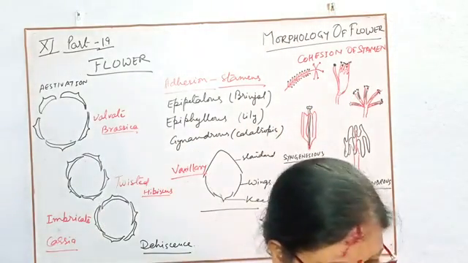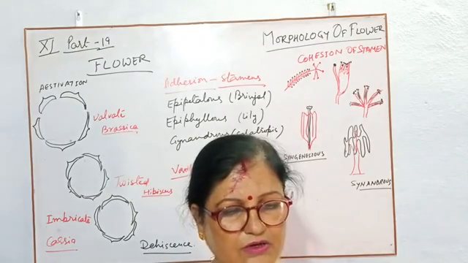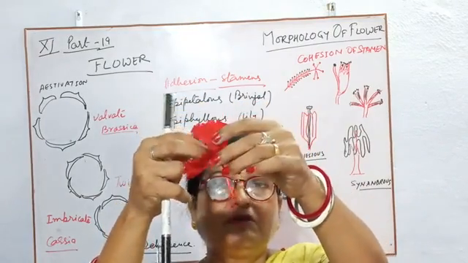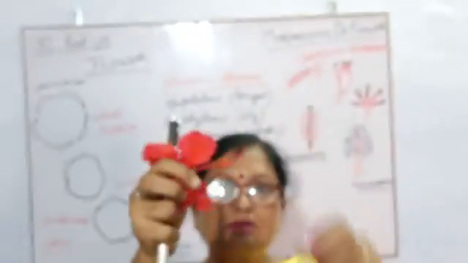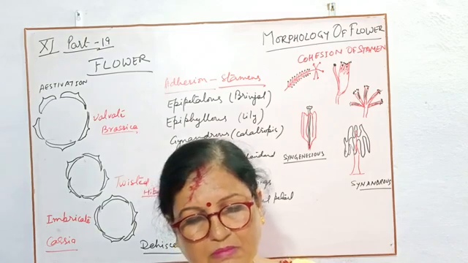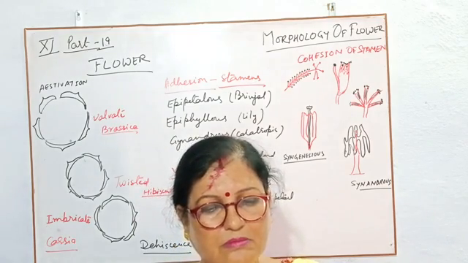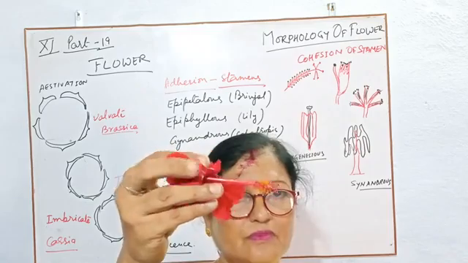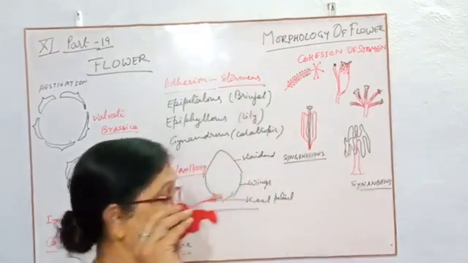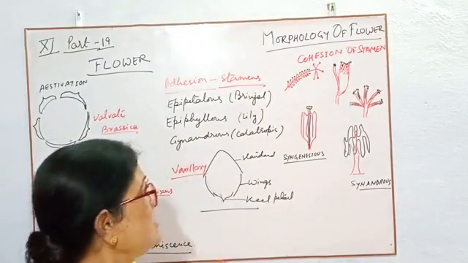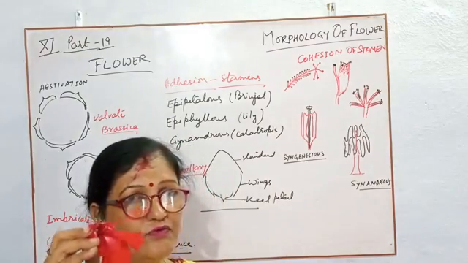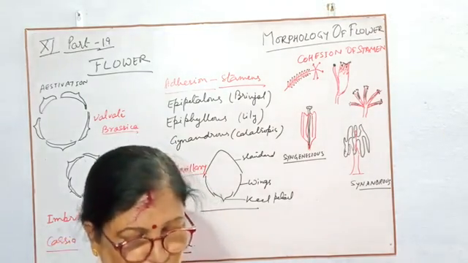So children, this is the monoadelphous, one staminal tube they form in hibiscus. This one, the pink one. The pink tube is the staminal tube. Once I told you, I am telling again that all the filaments of the anthers combine to form a staminal tube over the style.